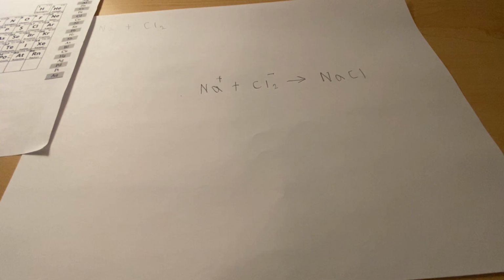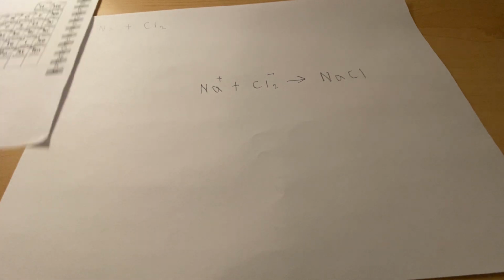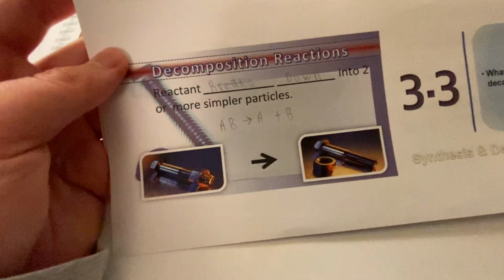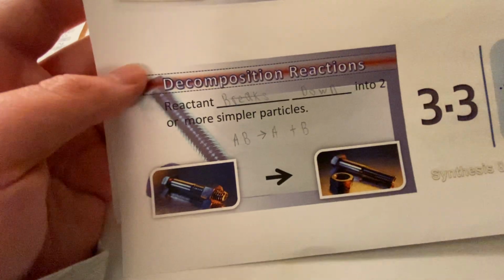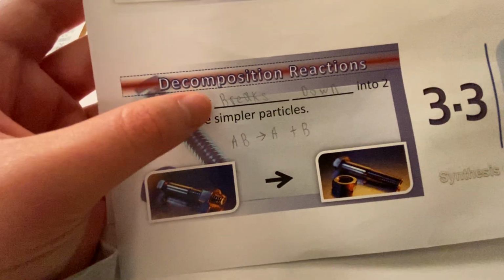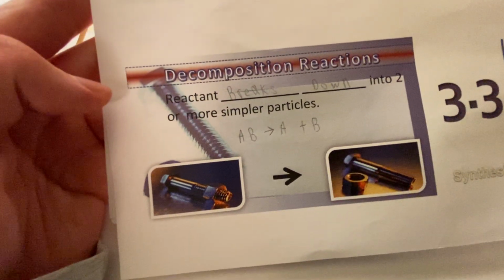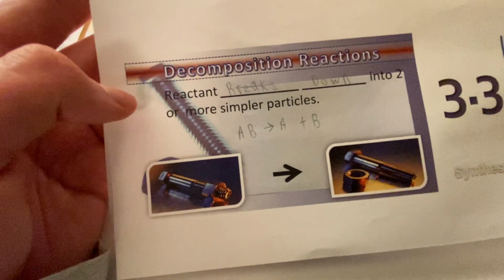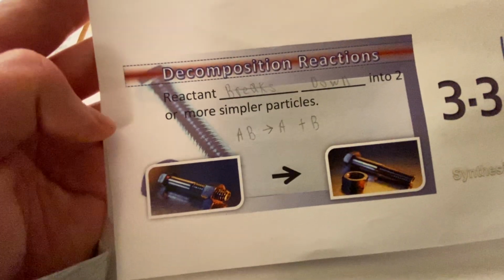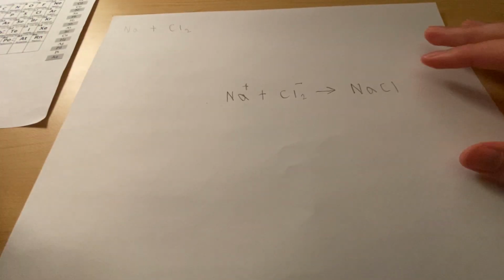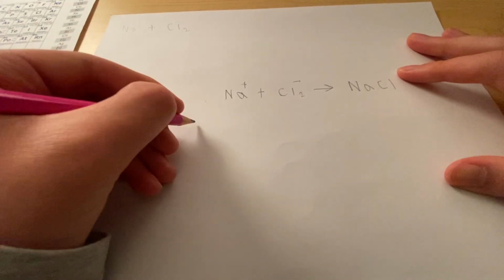Simple. So the next type of reaction we have is a decomposition reaction, all right? This is when a reactant breaks down into 2 or more simpler particles, okay? So we'll use the same example here. So we have sodium chloride, all right?